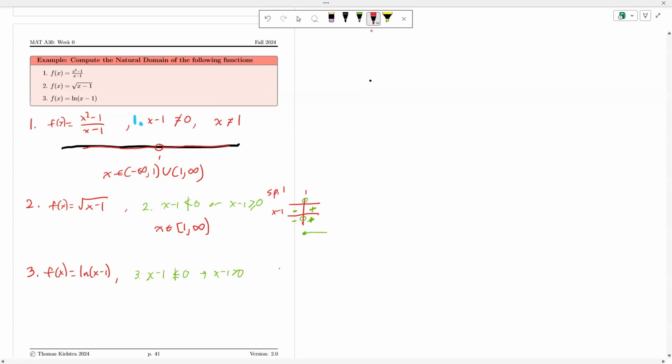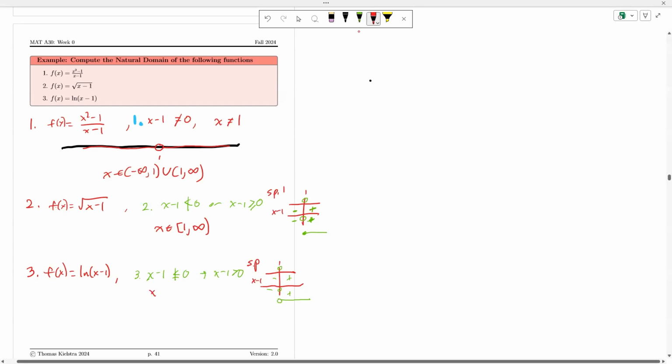Again, creating this using the split point technique, I create the graph: minus, 0, plus. Here, because I have to be strictly greater, I'm not using the 0. So my x is in the domain 1 to infinity, excluding 1.